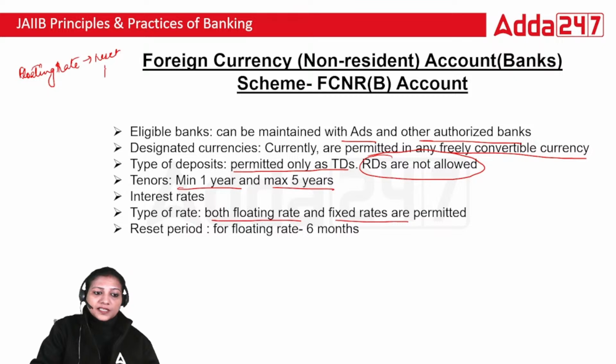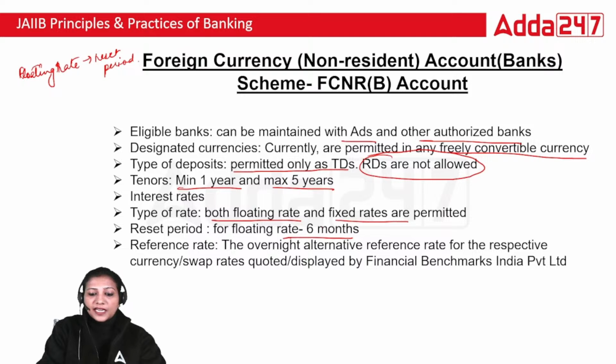Reset period means it resets itself again with the current benchmark rate. So that reset period is given to be 6 months. Reference rate, like in case of loans, we have reference rate MCLR or RLLR.